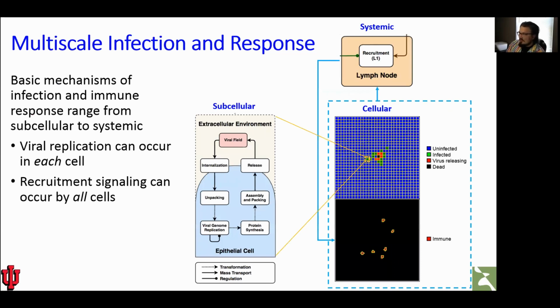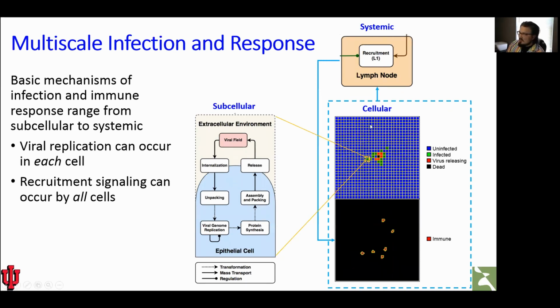And so when we consider these mechanisms, what we're interested in between local infection at an initial site of infection and what goes on in each individual cell and the recruitment of immune cells to the simulation due to signaling, you see that this spans three very distinct scales.